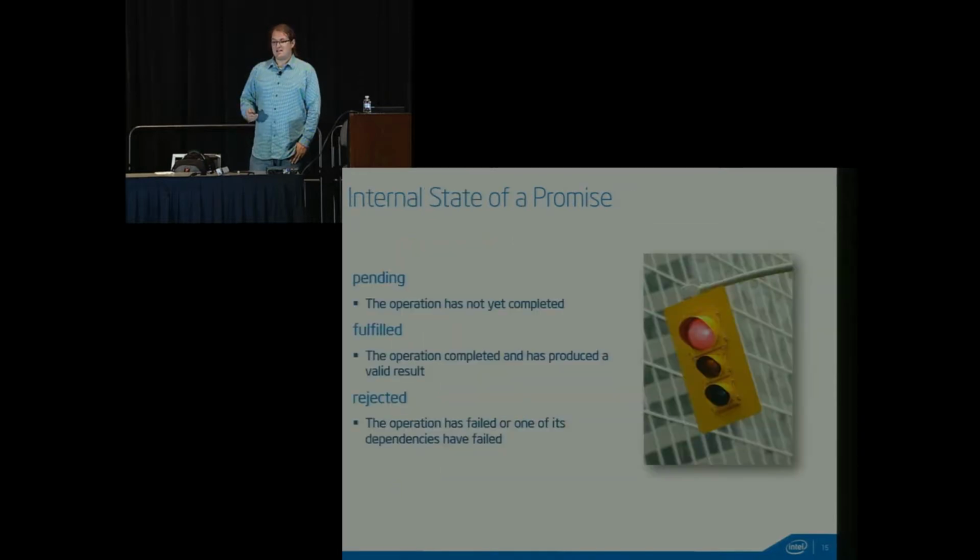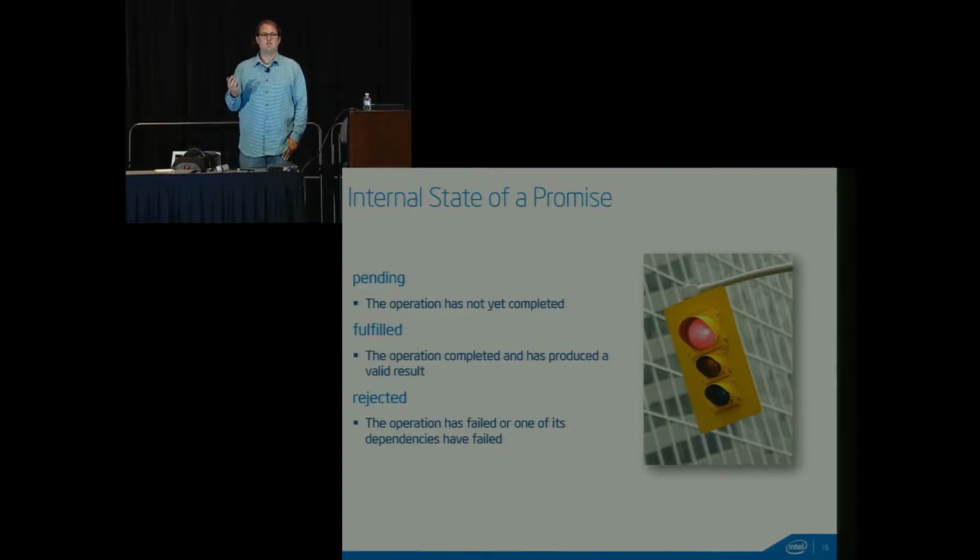And this object has 3 states. It can be pending, which means the operation has not yet completed. It can be fulfilled, which means the operation has completed, so whatever is coming after it can now start. Or it can be rejected, which means something went wrong somewhere up the stream.